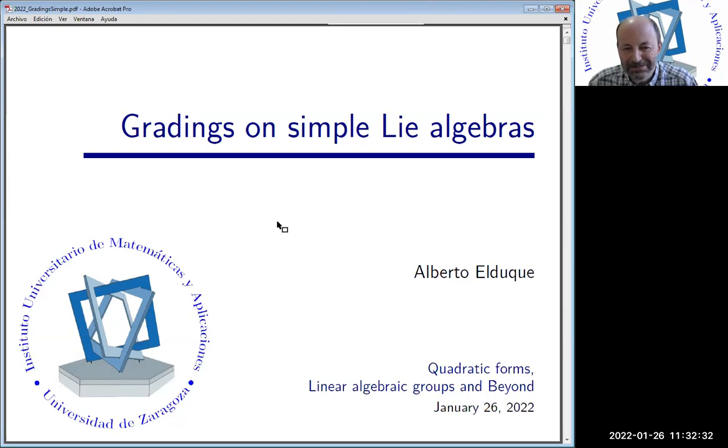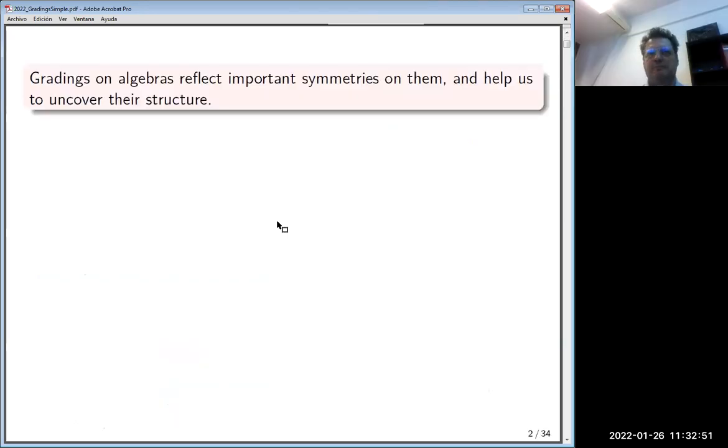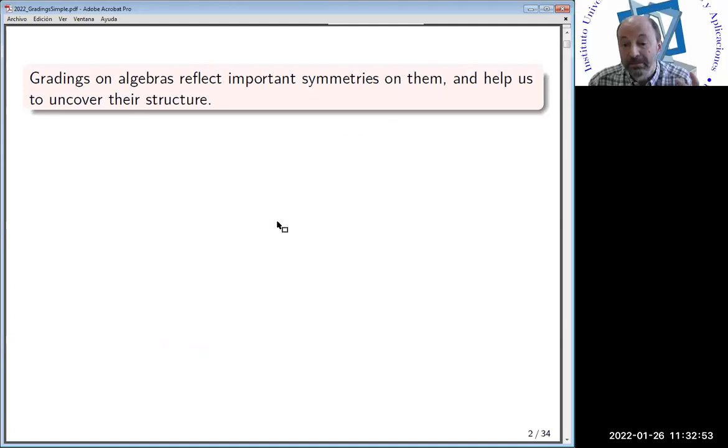So I arrived to this field of linear algebraic groups through these gradings, and I want to give you a view of the things we have been doing and the things that are known about the classification of gradings on simple algebras. To begin with, gradings reflect symmetries on the algebras, and sometimes they help us to study these algebras, to uncover the structure.